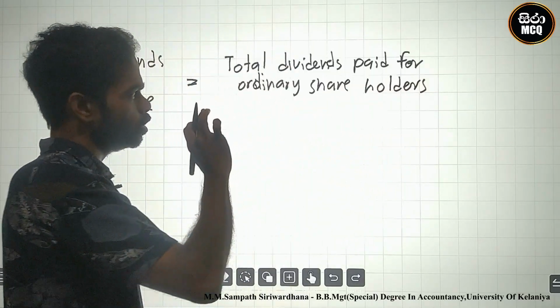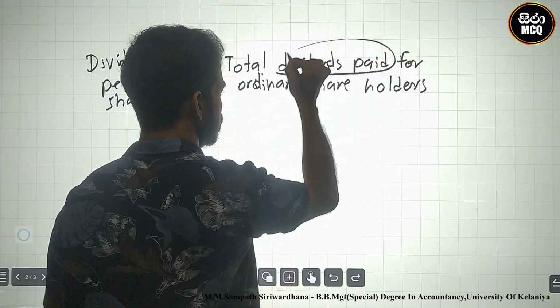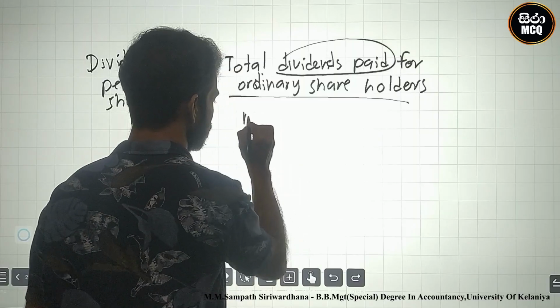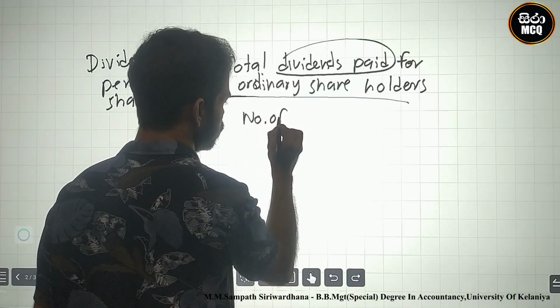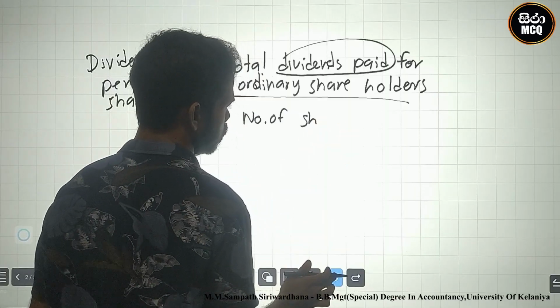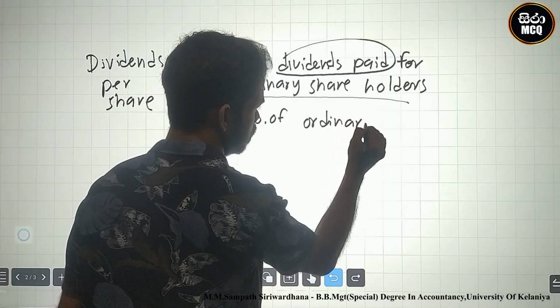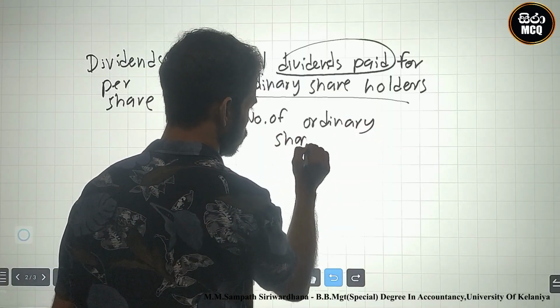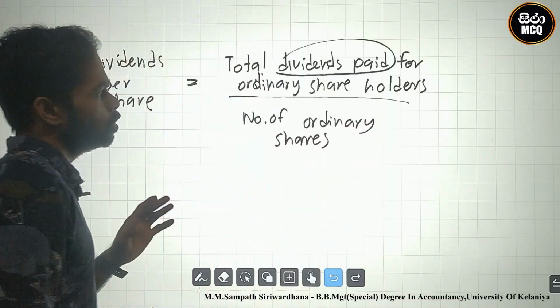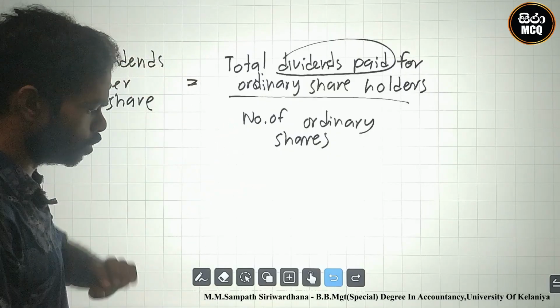This means the total dividends paid amount, divided by the number of ordinary shares. You can identify the total dividends paid amount and the number of shares.